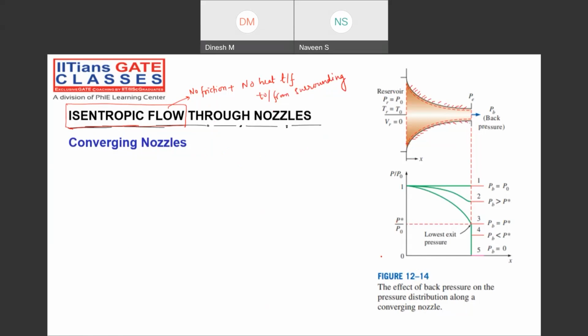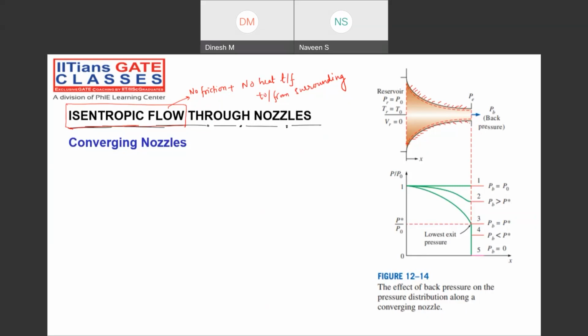Now try to understand isentropic flow through the nozzle. First of all, whenever we talk about the nozzle, the very basic picture that will come to your mind is a convergent nozzle, convergent duct. Am I right? Whenever we think of a convergent nozzle, the naming itself suggests that it must be some kind of convergent thing. Understanding my point?